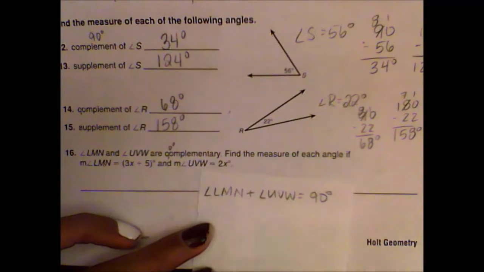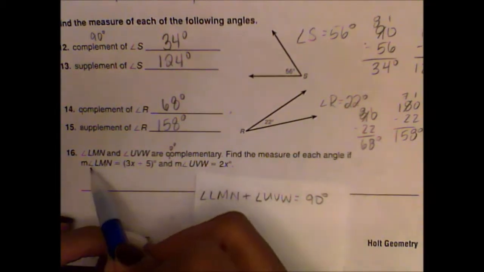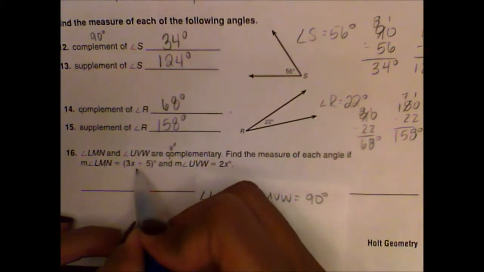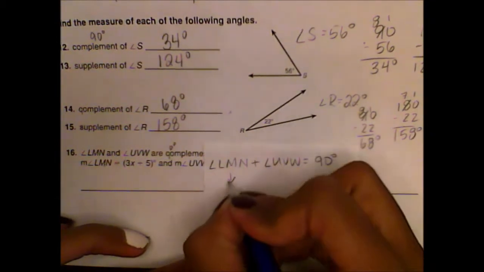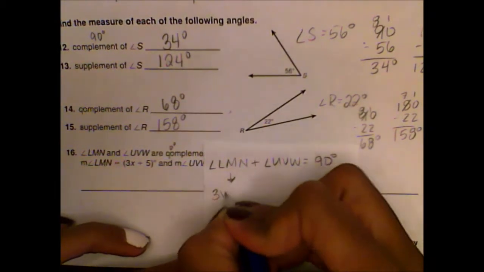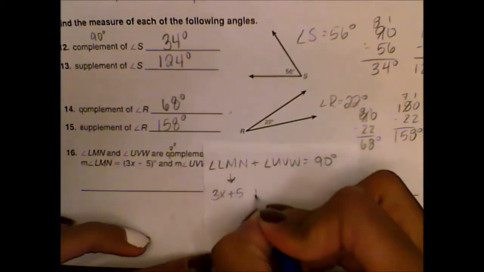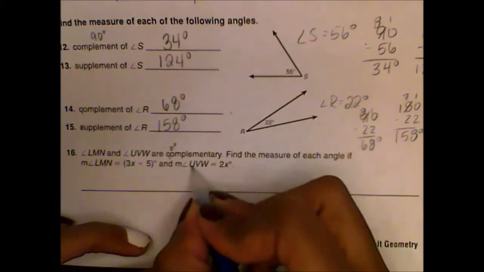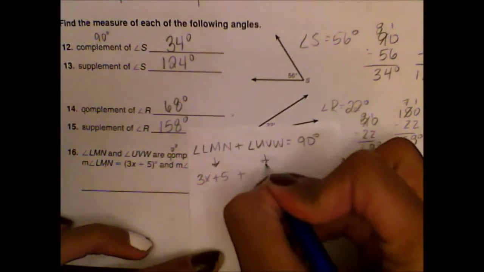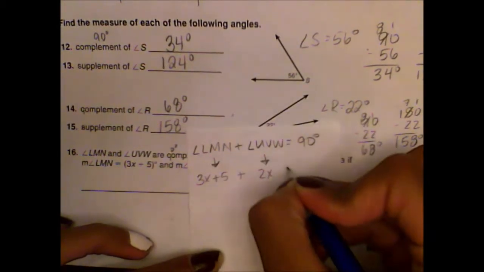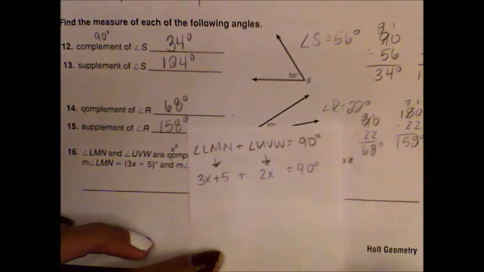Now in the question, they told us that the measure of LMN was 3x plus 5, so I'm going to plug that in. LMN is 3x plus 5, and the measure of UVW is 2x. I'm going to plug that in. And those two together should give us 90 degrees.